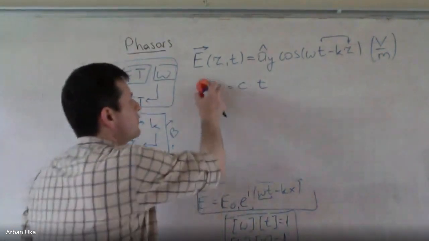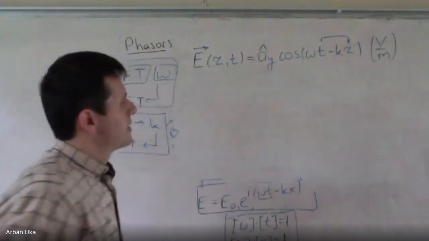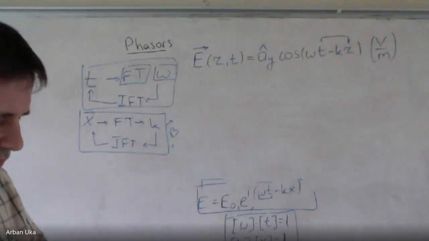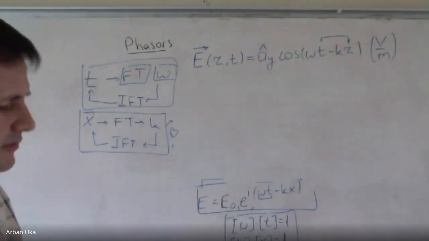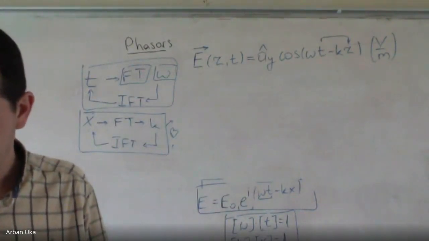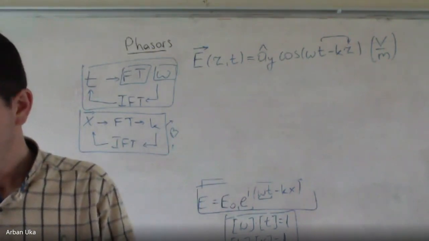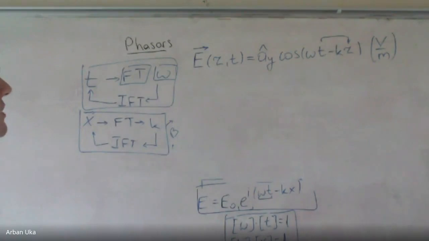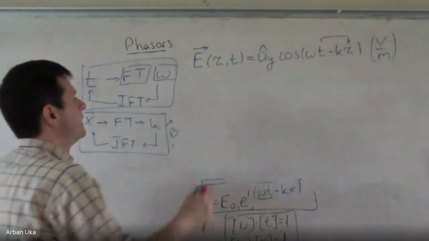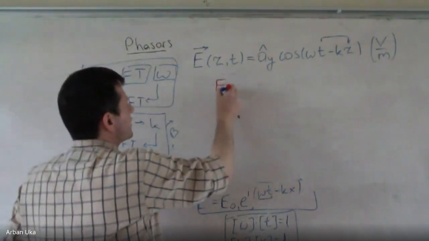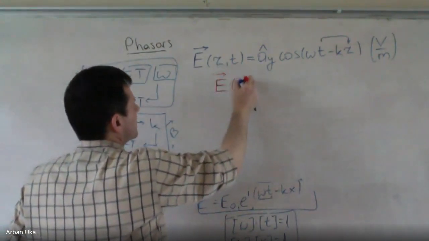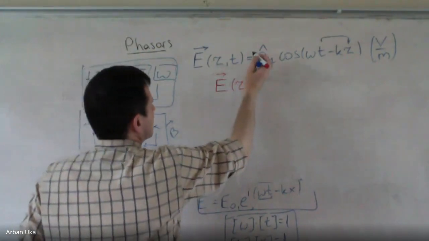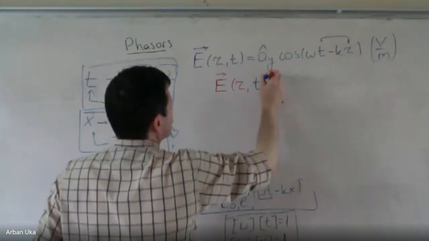But now, let's move forward. This was just something that you should be really careful about when we analyze this. So given this electric field, what is the phasor representation? When we write the phasor representation, we have to write E(z).